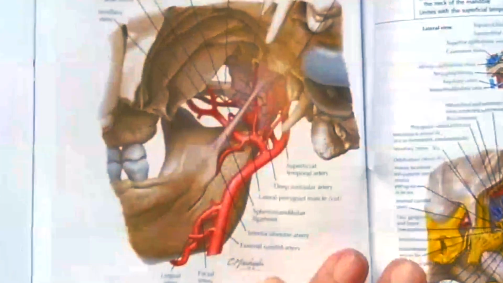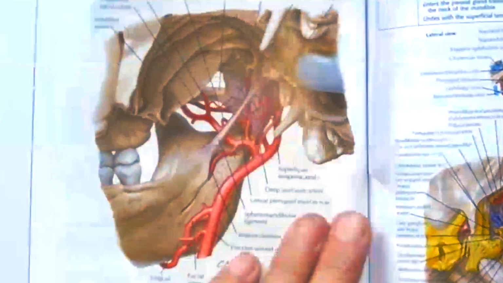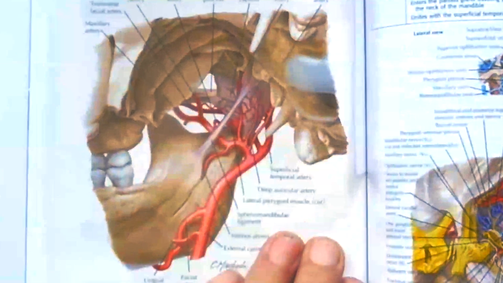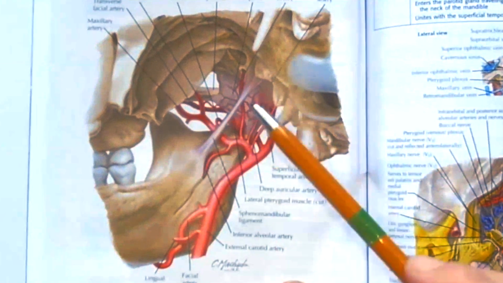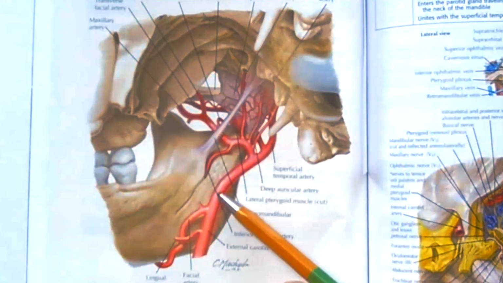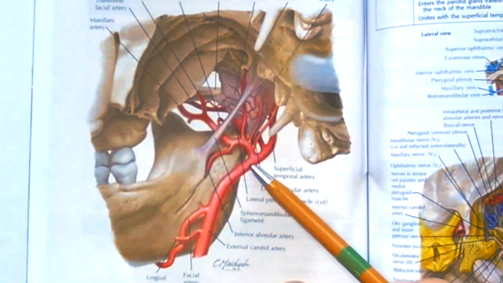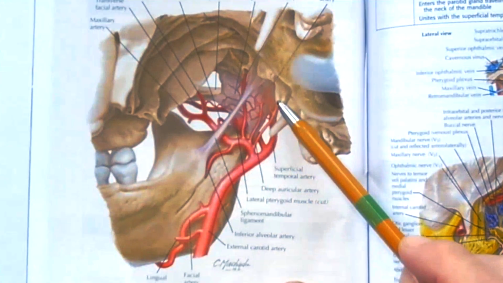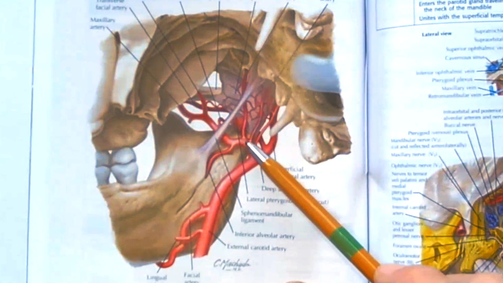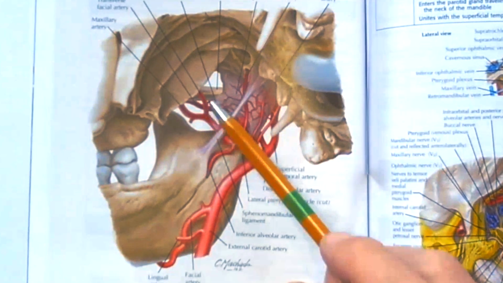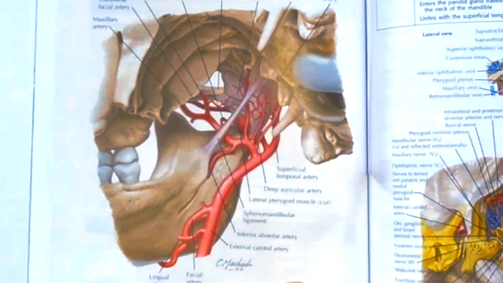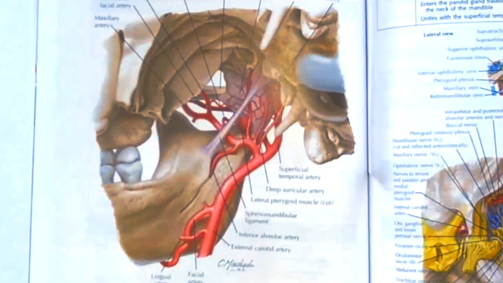But I have another very nice diagram from Netter's Atlas, and this is the medial view. We are inside the infratemporal region. We see also the external carotid artery dividing here into the superficial temporal and the maxillary. You see that the maxillary crosses medially the neck of the mandible, running superior anterior between the muscles of mastication, between the pterygoid muscles.